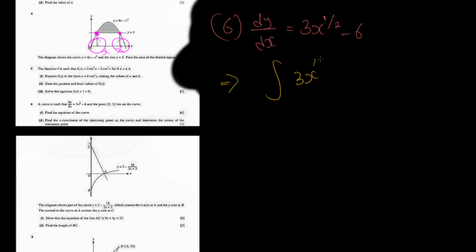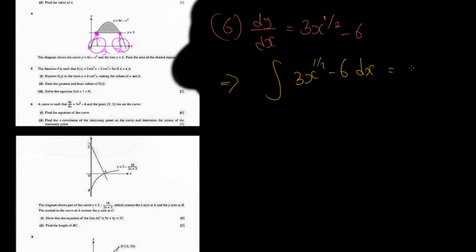Okay, question number 6. A curve is such that dy by dx is equal to 3x to the power 1 by 2 minus 6, and a point is given. Find the equation of the curve. If we integrate the derivative, you can get the equation of the curve. So let's integrate 3x to the power 1 by 2 minus 6 dx.